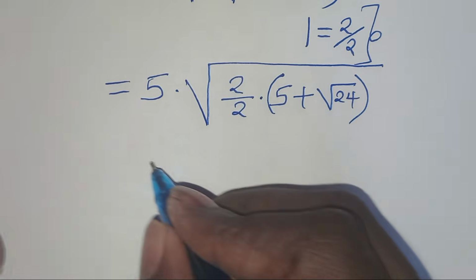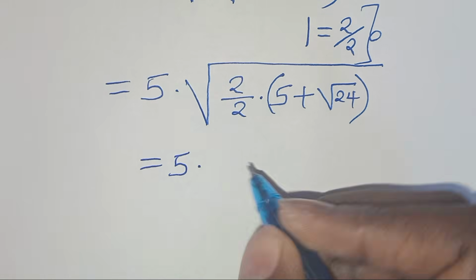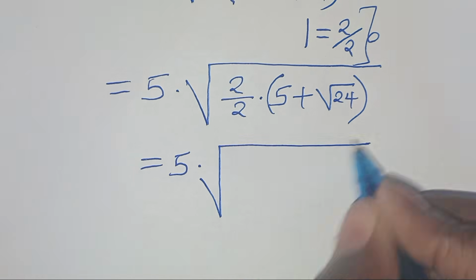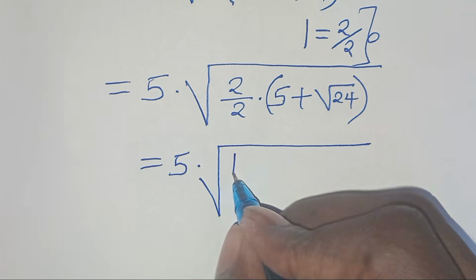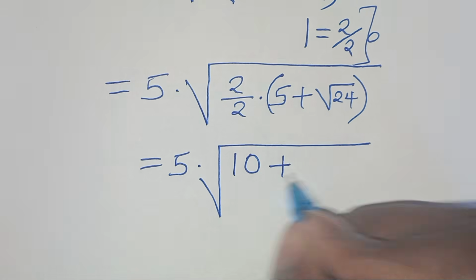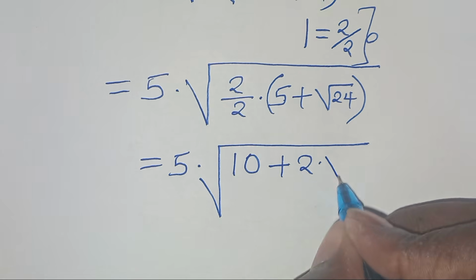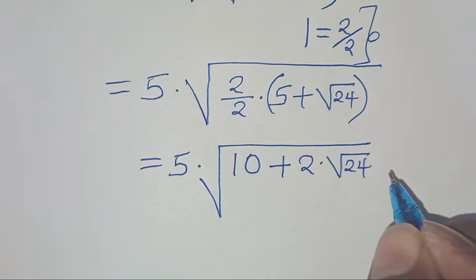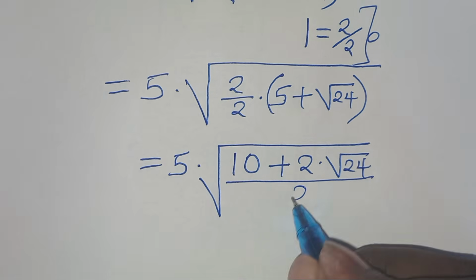The next step is that we have 5 multiplied by root 2 times 5, which is 10, plus 2 multiplied by root 24, divided by 2.